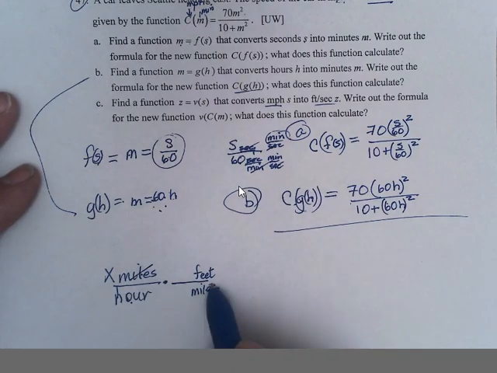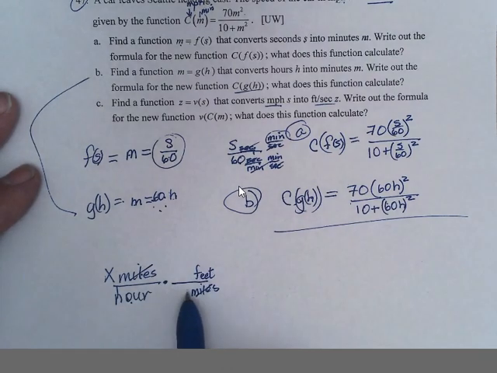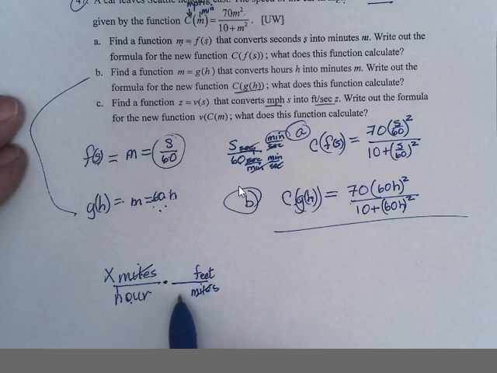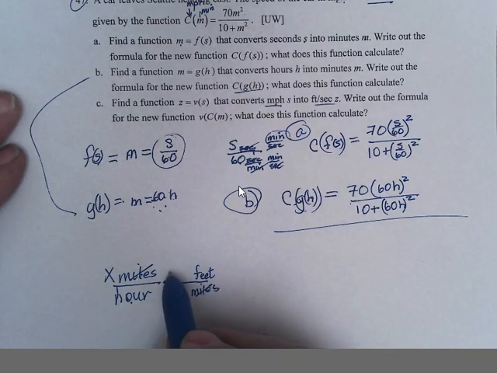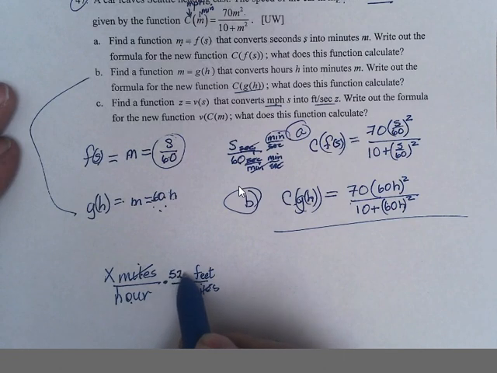So the miles will cancel, but I have to figure out how many feet are in a mile or how many miles are in a foot. And some of you know, some of you are going to have to look it up, but you find out 5,280 feet are 1 mile.